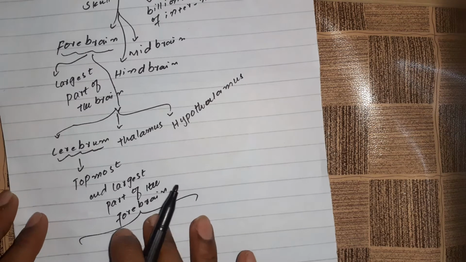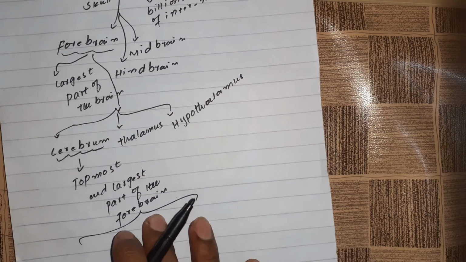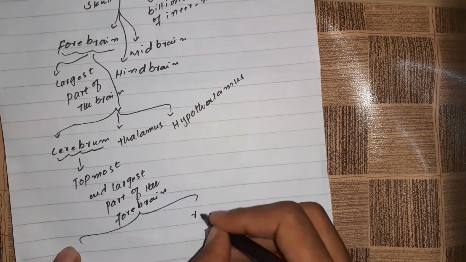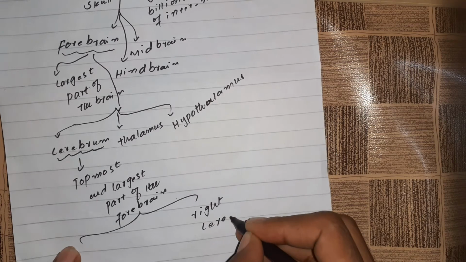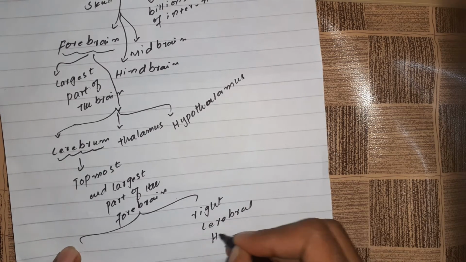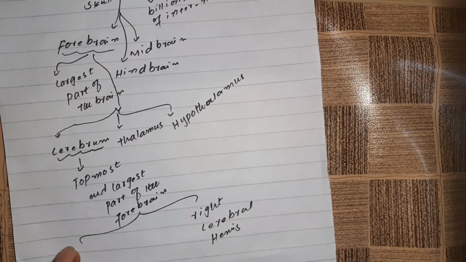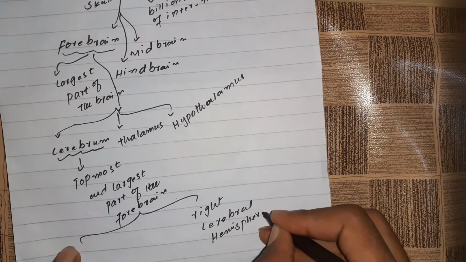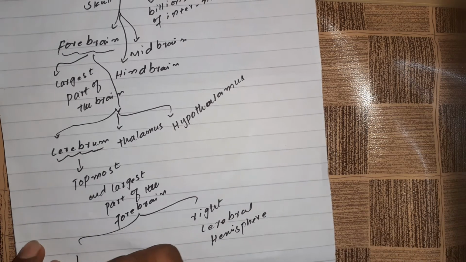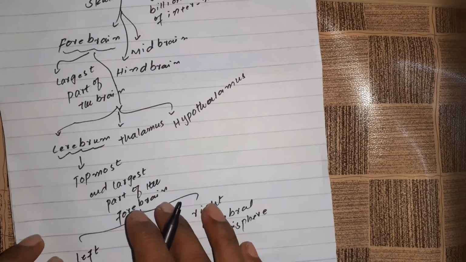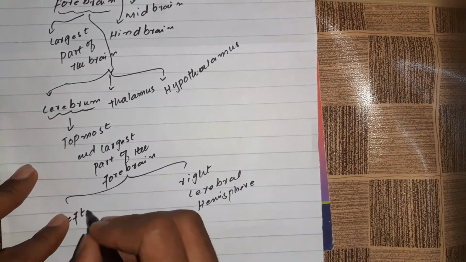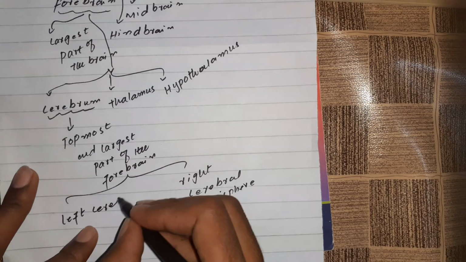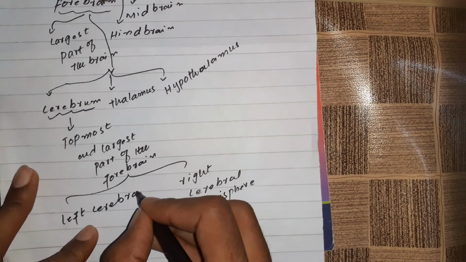It is divided into two main parts, which are called the right and the left cerebral hemisphere. Clear?